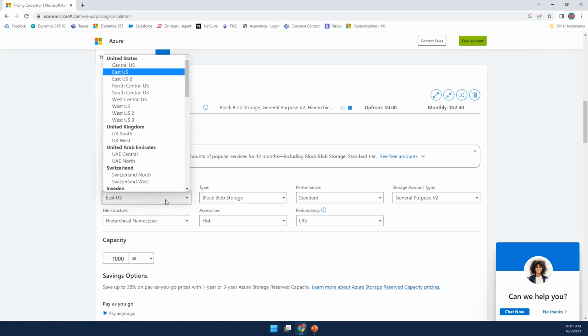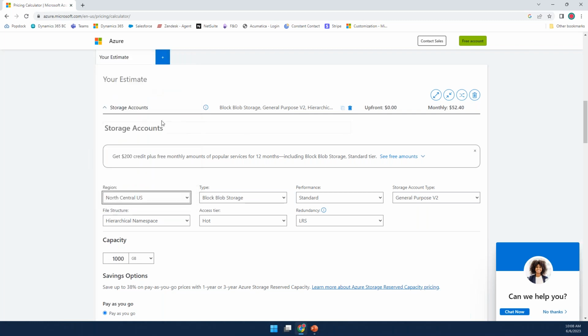Why am I telling you that? Because you will most likely want to put your data lake nearest to where you're going to be accessing it. So if you're in the US, you would choose North Central US, because that's where we have our services running, and you'll get the fastest speed because it'll be coming from the same data center. So that's not going to really move the needle on this one, but I just wanted to bring that up.